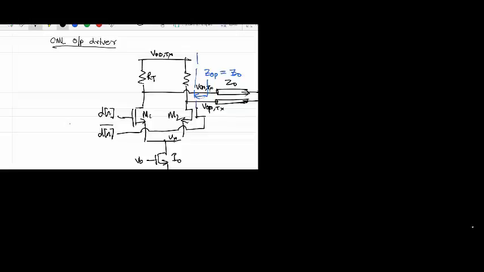M1 and M2 both carry current I naught by 2 at a common mode voltage, where VCM minus Vx minus Vt is some overdrive, which is much less than 1. Now, because of the transient, you just applied 1 volt on one side and 0 on the other side.